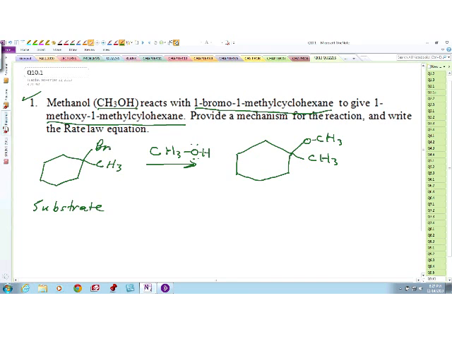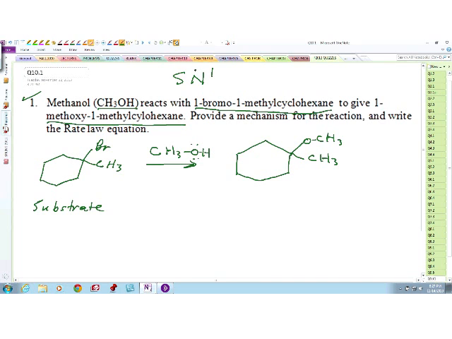So if I ask you this, what kind of reaction mechanism will this be? SN1 reaction. Excellent. That is correct. This would be an SN1 reaction. Now, why did you say this is an SN1 reaction? Because the leaving group is attached to a tertiary carbon. Excellent.